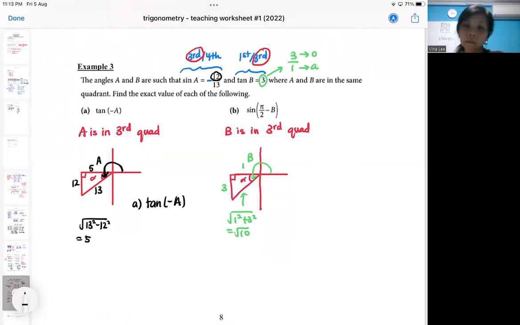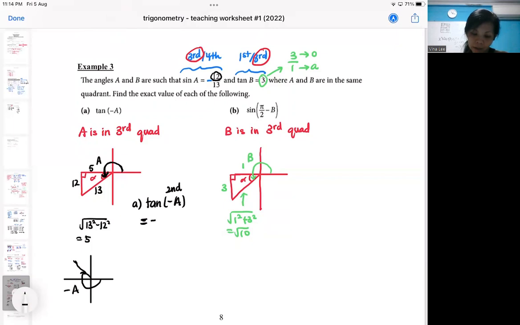This is A. If I make A go in the opposite direction, it will hit the second quadrant. Second quadrant tangent is negative.